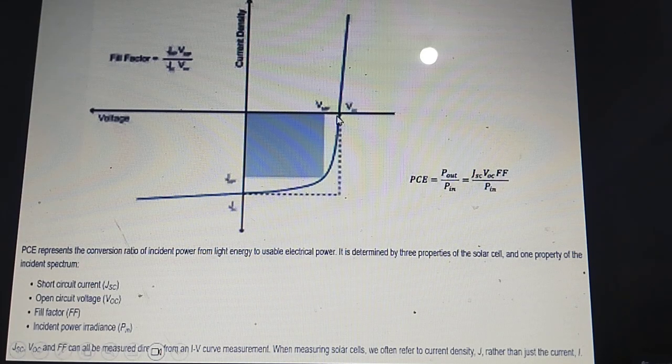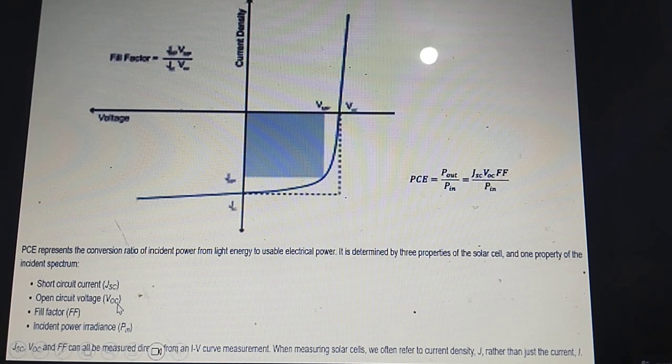So that will provide me the open circuit voltage. And if I short circuit the two ends, I will get the maximum current, that is known as the short circuit current.